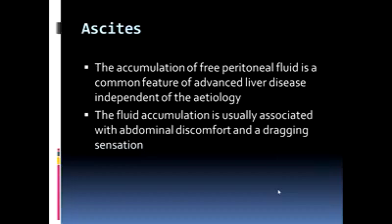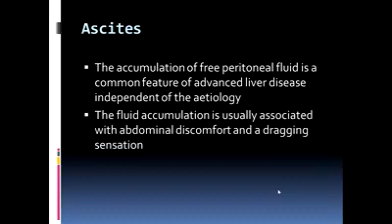Now the ascites. Ascites is the accumulation of free peritoneal fluid, and it is a common feature of advanced liver disease. In patients suffering from chronic liver disease, one of the terminal events is the presence of ascites.